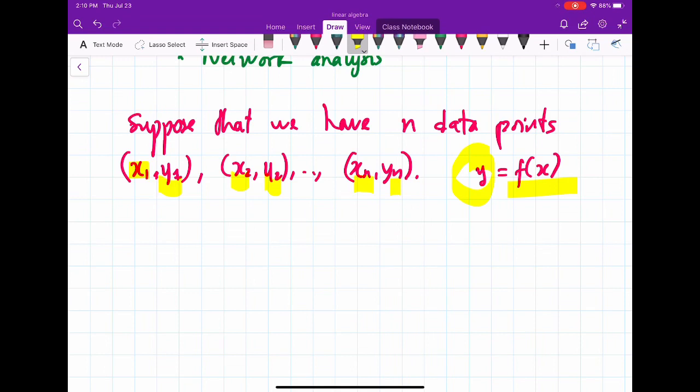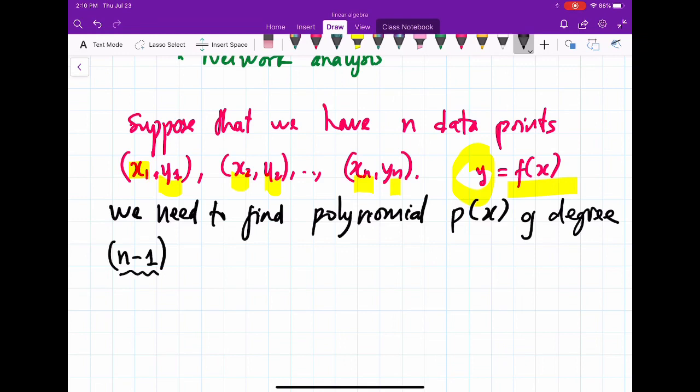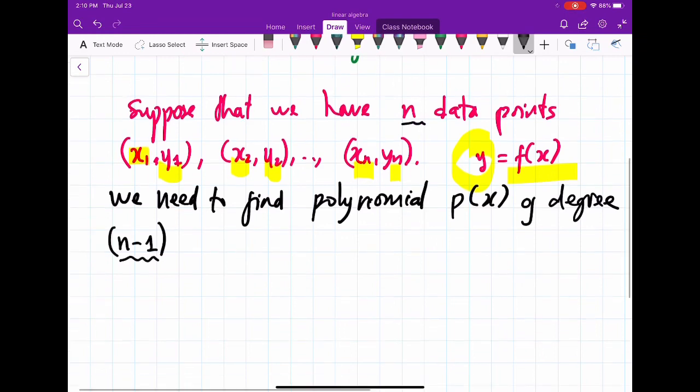So the problem is we need to find polynomials, let's say p(x) of degree n minus 1. We'll see why we have n data points, but polynomials of degree n minus 1, okay?